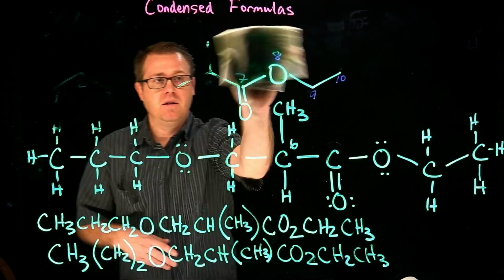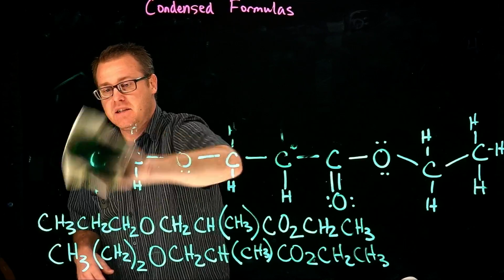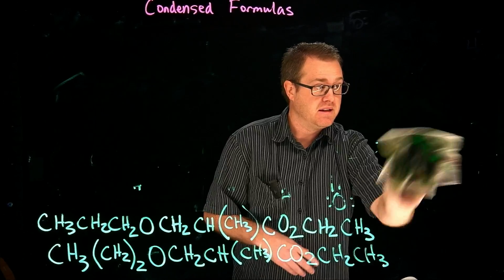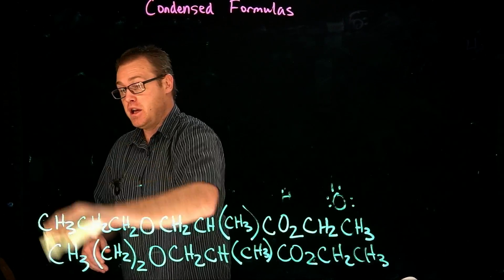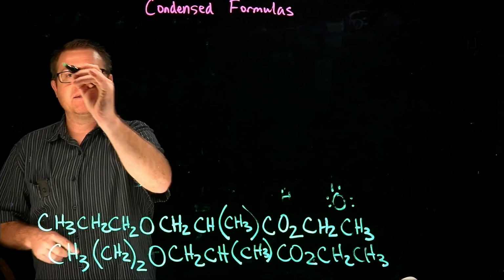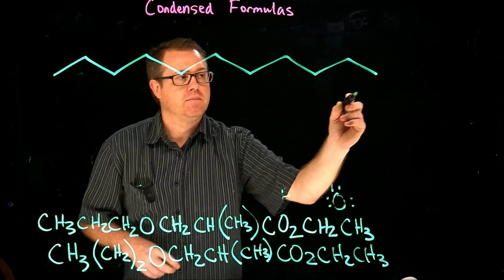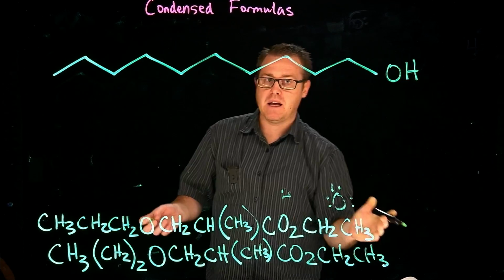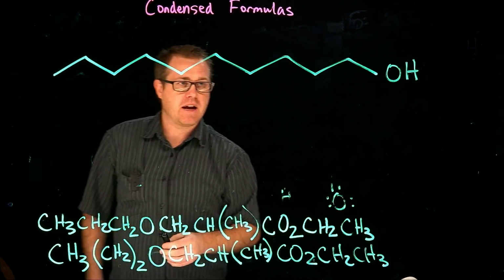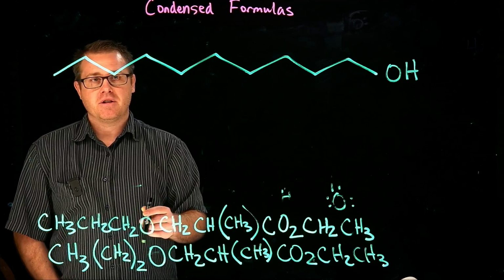The reason why that parentheses thing is even a thing is because you can get some really, really large molecules, and your condensed formula could be a mile long. So, for example, we could have something like this. Okay, it's not a mile long. I have limited board space, but what would the condensed formula look like?